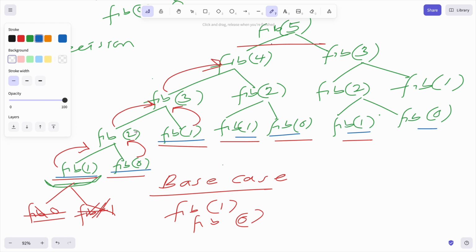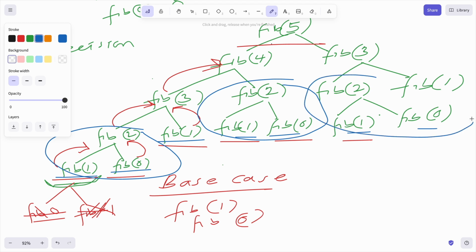However, when it comes to fib of 2, the calculation is happening several times. This is fib of 2, this is another one, fib of 2, three different times. In this whole decision tree, at three different points, we need to explore the calculation of fib of 2.